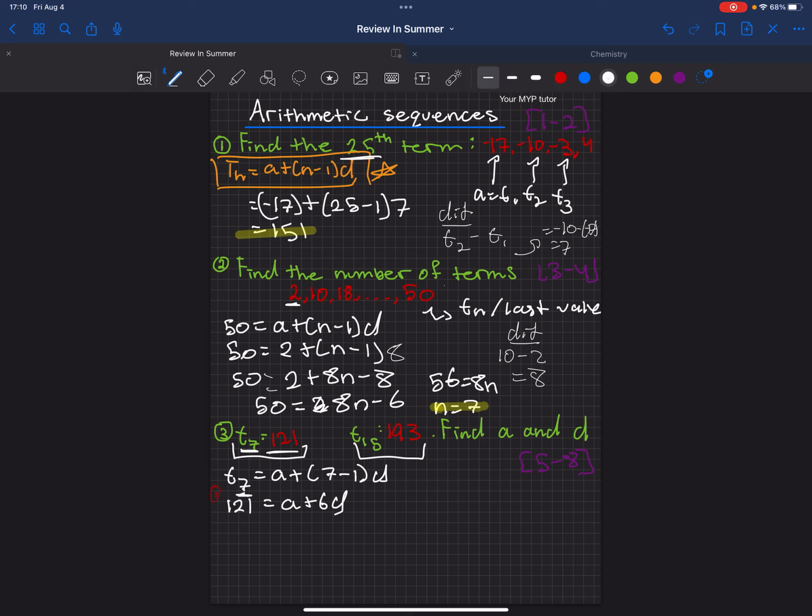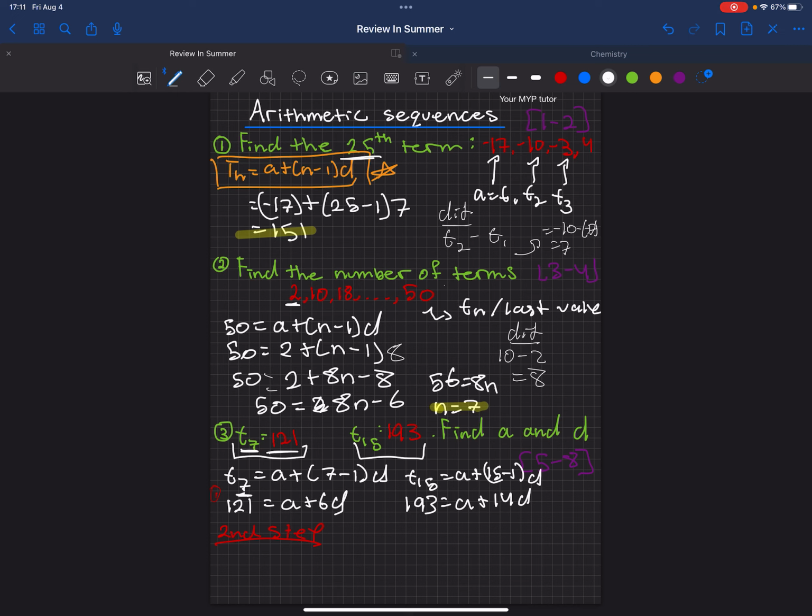Now we're going to do the same thing for T15. So we know that T15 is equal to a plus 15 minus 1 times d, a plus 14d. We know that T15 is equal to 193, so we could put that over here. Now the second step is elimination.